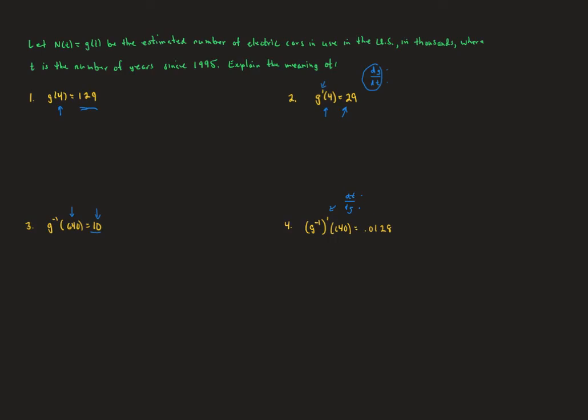But what that's saying is that once there are 640,000 electric cars in the US, it will take 0.0128 years per increase in 1,000 electric cars. You might think of that as it's going to take 0.0128 years for the US to get the next 1,000 electric cars once it's reached 640,000. And I think that's pretty small, somewhere in the neighborhood of 4 or 5 days. Okay, see what you can do with homework 19.